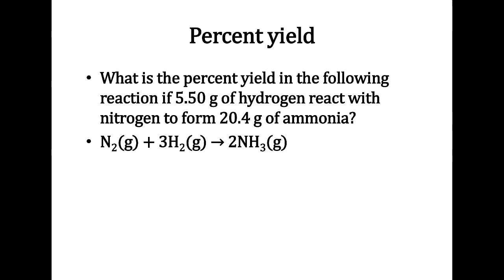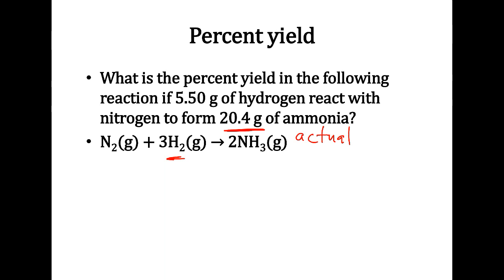Notice that hydrogen is a reactant and we're given the initial amount of this. And then the other piece of information given, the 20.4 grams of ammonia, because of how this is written, this is the actual amount. So how much ammonia was actually formed.